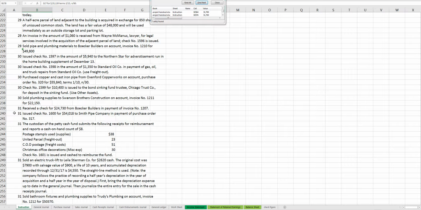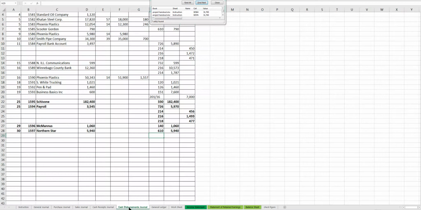So let's record the cash disbursement. Look, this number is below the invoice amount because the difference is our cash discount. So cash disbursement on the 31st, we issue a check to Smith.